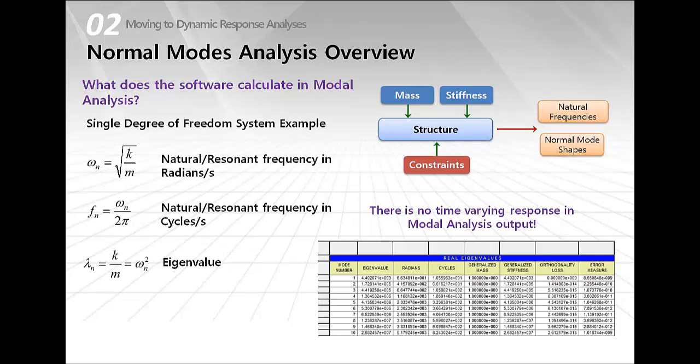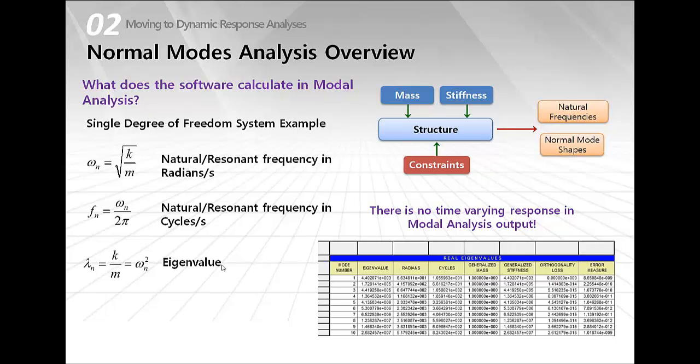Okay, so what does the software calculate in modal analysis? As I mentioned before, we are looking for the resonant frequencies and related shapes only. So the output from Midas provides you natural frequency in radians per second, in cycles per second, and or in eigenvalue form.